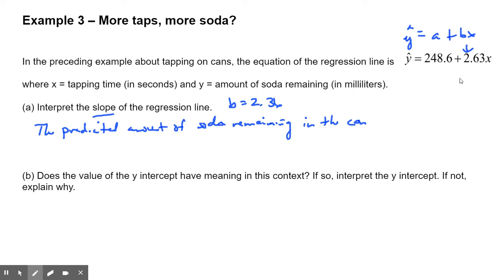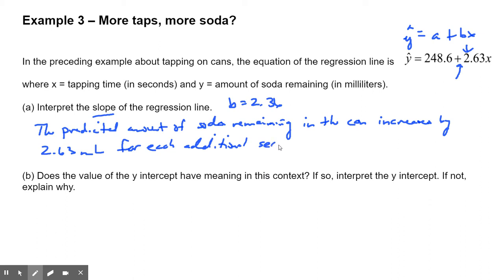And now we look at the plus sign, and because it is positive, we're going to say increases by 2.63 milliliters for each additional second that the can is tapped.